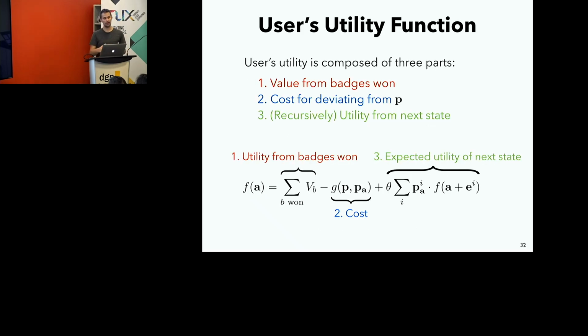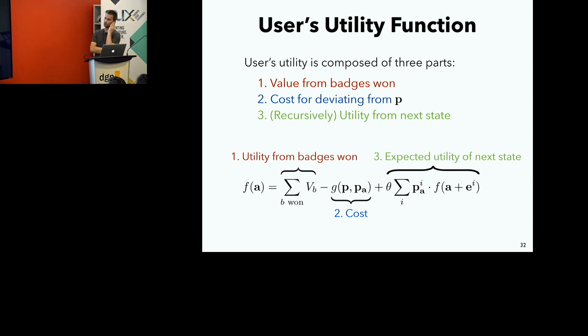Now the user has a utility function, which is composed of 3 parts. Two are very simple, and the third isn't that bad either. The first is they always have the value from the badges they've already won, so they just keep getting value. The second is the cost that I just talked about for deviating from their preferred action direction P. And the third is a recursive utility, which is just my expected utility of being in the next state.